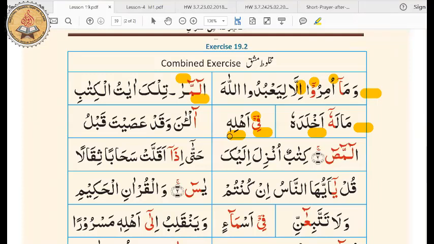Ha. Can you read the last ha? It is ha or he? So it is kasra. Kasra. So it is he. He. Okay. Now you read all the letters and sounds well, mashallah.